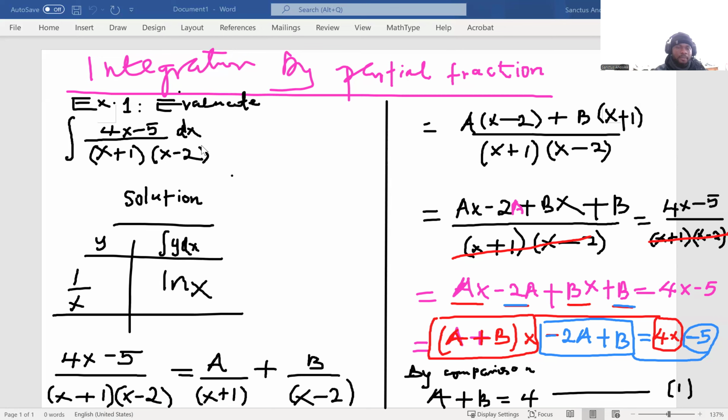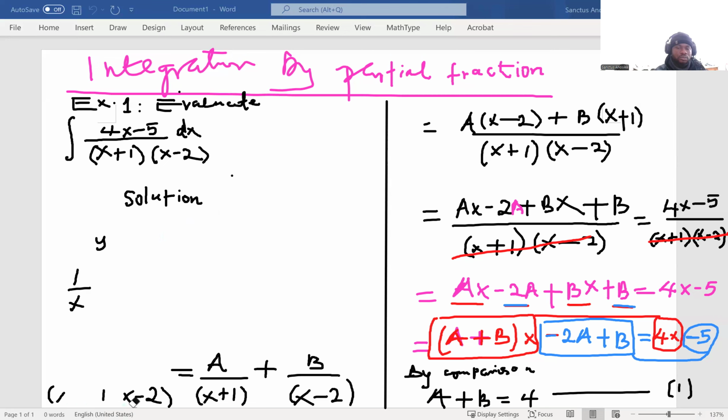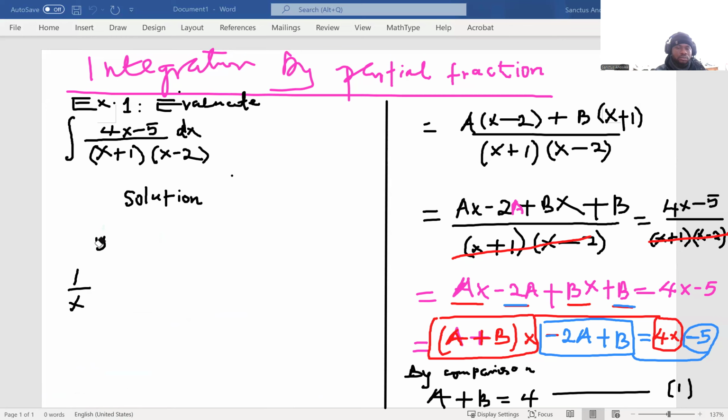And then minus 2a plus b will be equal to minus 5. Okay? We call this equation 2.